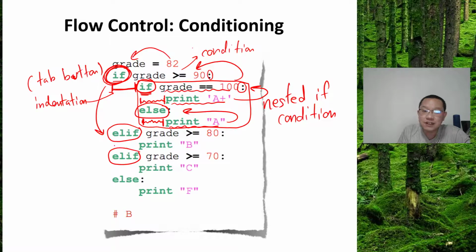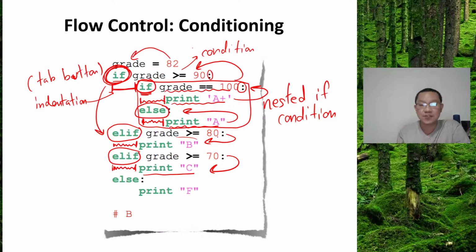It will do this command, print B. And the third condition, if the grade is greater than or equal to 70, it will print C. There is indentation to say that this command belongs to this condition and will be executed if the condition is true.